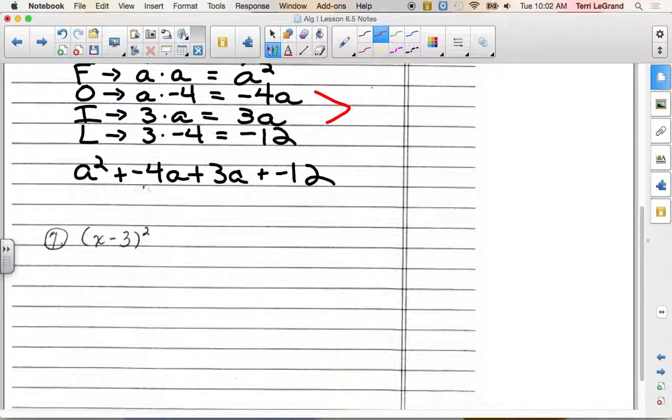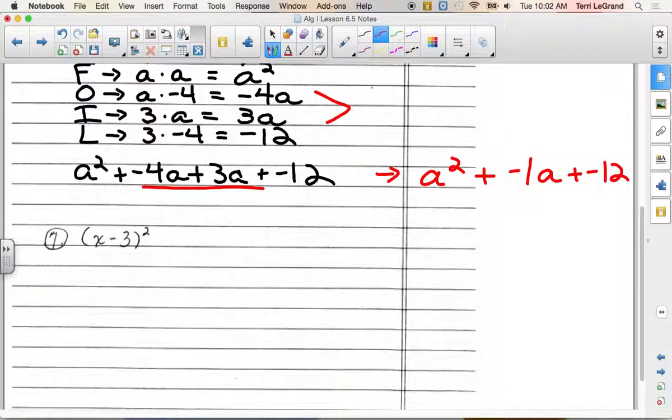They should be able to be combined. So A squared doesn't have anything to be combined with. What's -4A plus 3A? -1A, and then that -12 doesn't have anything to be combined with. So we can combine the -4A and the 3A.